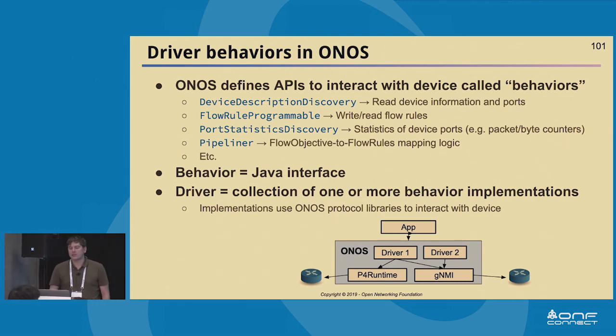Behaviors are essentially Java interfaces. These Java interfaces are defined by ONOS, and a driver is a collection of one or more implementations of these interfaces and behaviors. An implementation can use the shared protocol libraries provided by ONOS. So you can have a driver that uses, for example, both the P4Runtime and gNMI protocol libraries. You can have one driver that uses only P4Runtime or NETCONF, and so on.